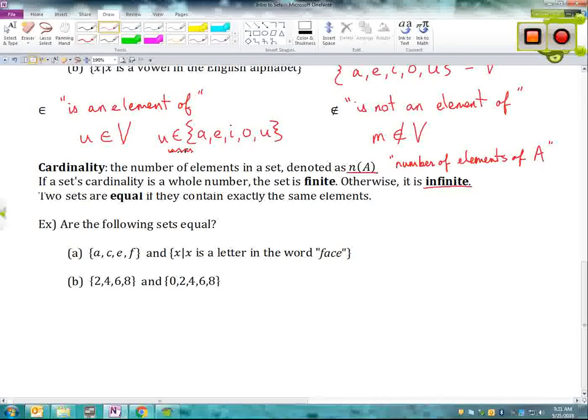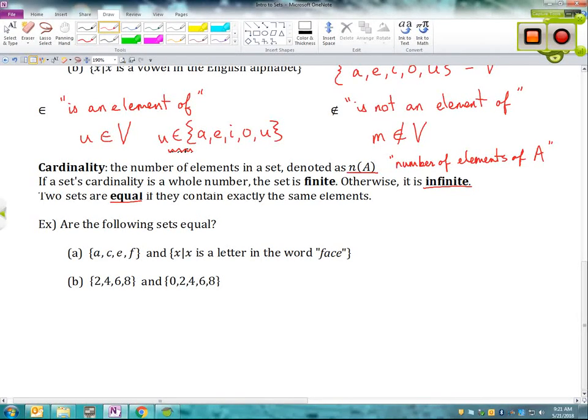And then another term here, two sets are equal. Two sets are equal if they contain exactly the same elements. So if everything in A is in B, and if every element of B is in A, then A and B are equal. Okay?